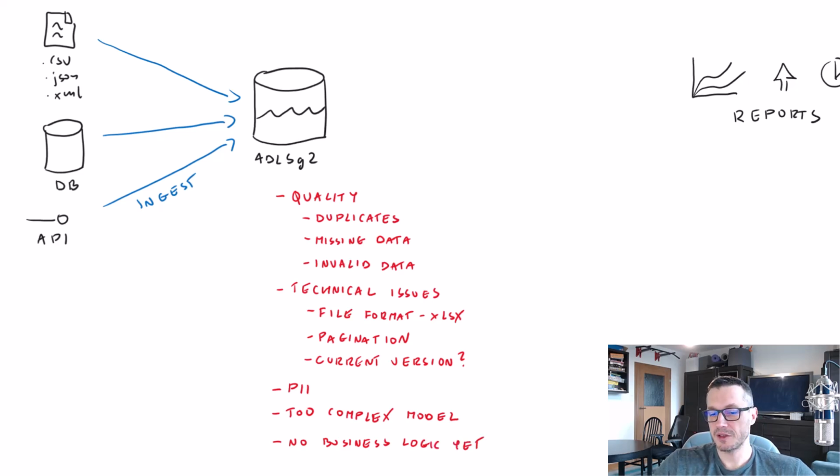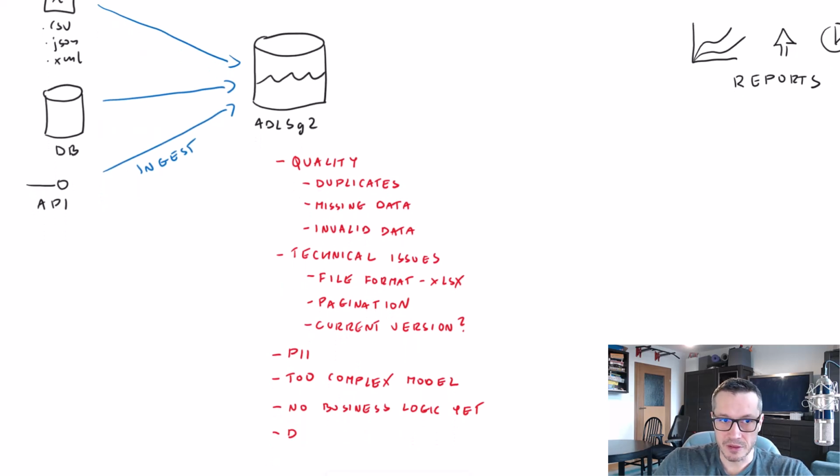And of course, it could be done on the fly on the reports side. But in the long term, it's not the best way, because then it would have to be repeated in every report. And we would like to move it to the earlier phase and just do it once and let other phases simply consume the outputs. Yet another issue that we might have is that various data sources are disconnected.